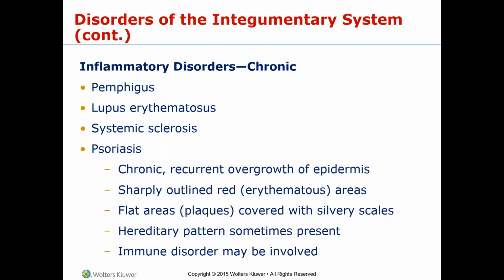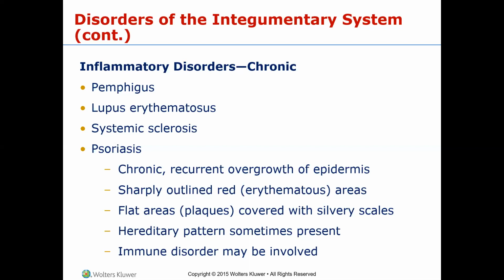And most of this is found in cases of burns. Lupus erythematosus is a systemic inflammatory disorder, and it is involving a lot of organs, but you get this area on your skin and across the bridge of your nose that looks like a butterfly rash. Then you have systemic sclerosis, and there is no known cause for it, but it involves an overproduction of collagen, and it causes a thickening and tightening of the skin.